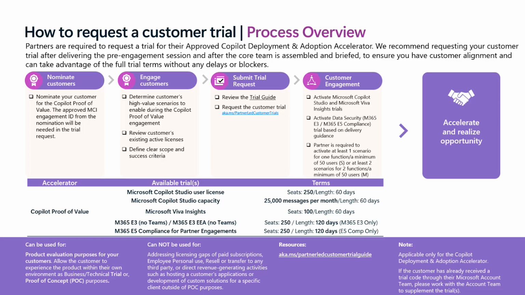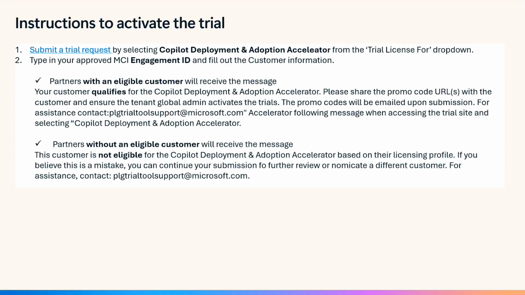So if I go to the next slide, here you can check what instructions you need to check, and what the instructions are to activate the trial. Because as we mentioned before, partners will get this kind of answer if your customer is eligible.